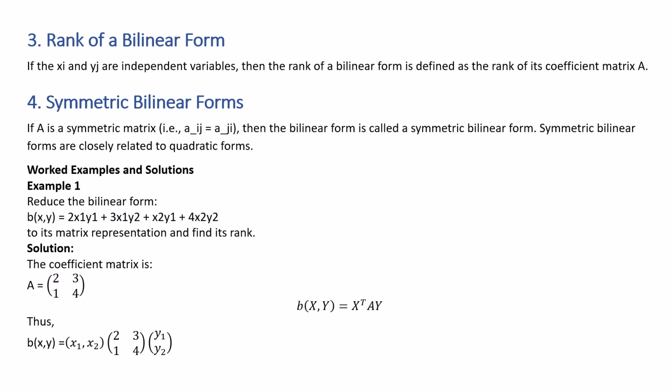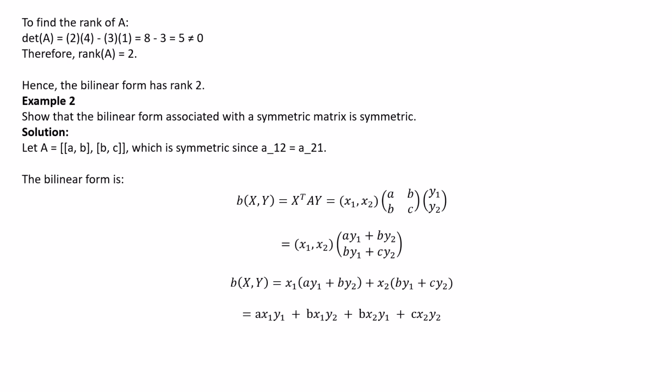For the second row, you will have y1 plus 4y2. Having done that, you use your x transpose to multiply it, and you will have your equation.